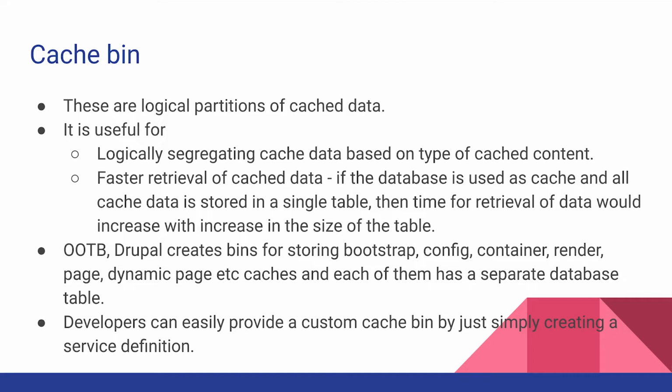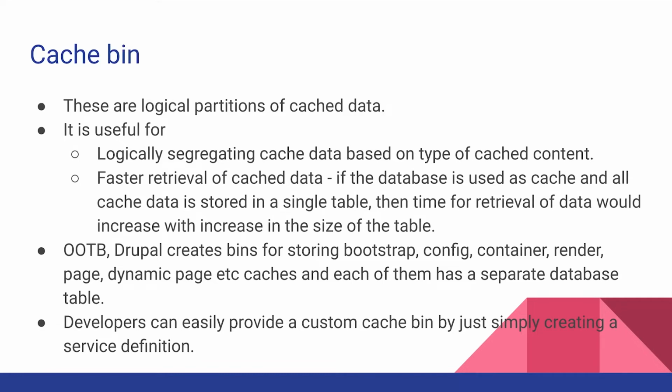If our site is very active, in a very short amount of time the table will become huge, gigabytes in size, and that makes it difficult for the database server to find something in that table. If there are thousands of rows, then the server has to find that particular cached item, and that retrieval will take a very long time. Thus, the purpose of caching is lost.